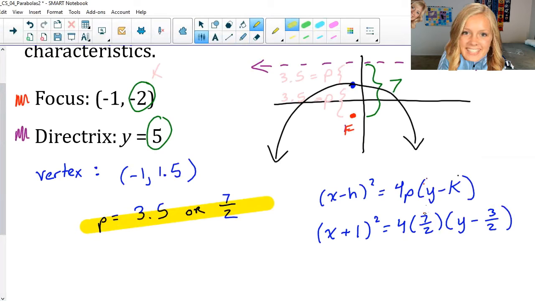So that value of p we just plugged in here. 1.5 is the same thing as 3/2. And the -1 is how we get +1 here.